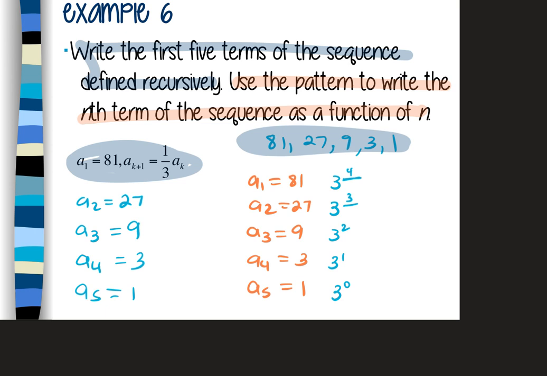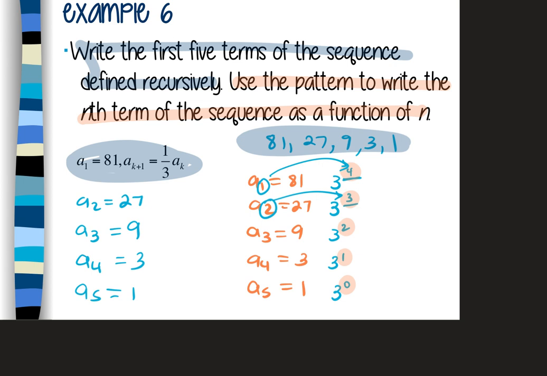So then how do I make the exponents come off of the number of the term? What would I have to do to n if n is 1 to get to 4? Add 3. What would I have to do to 2 to get to 3? Add 1. So I can't just add the same number, right?